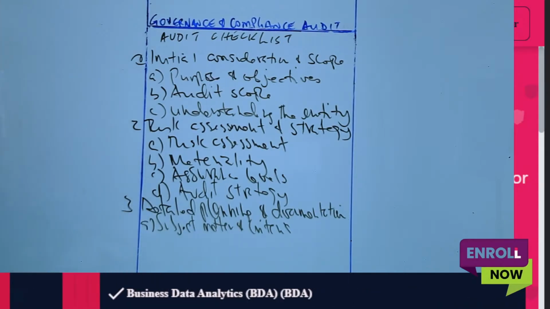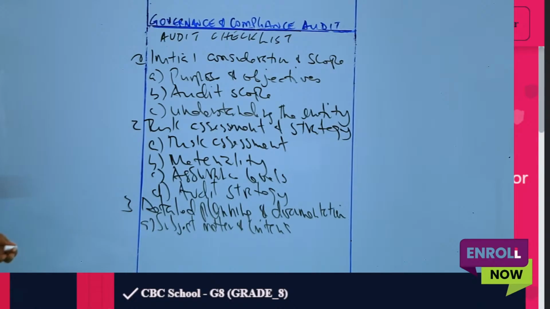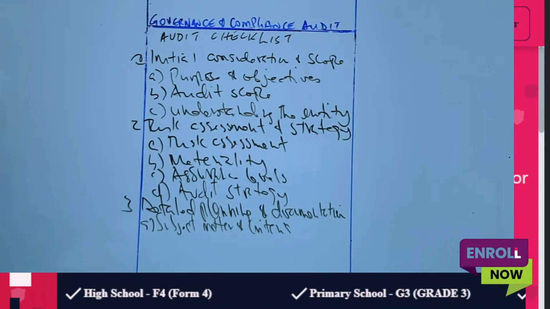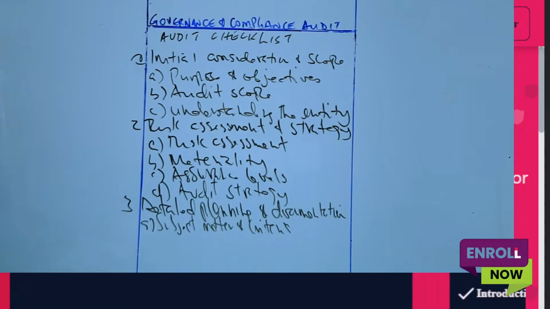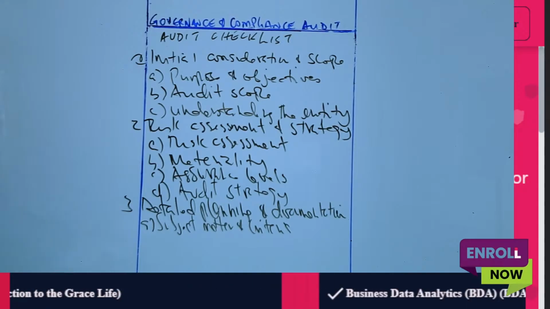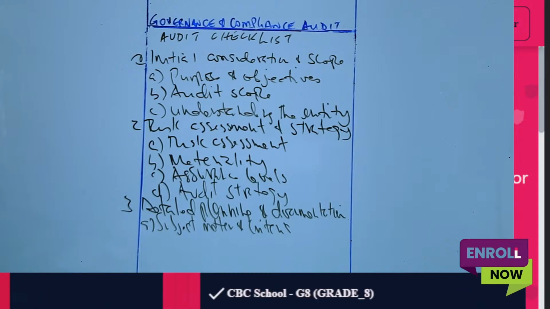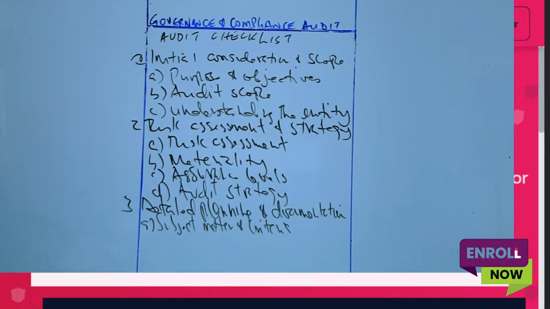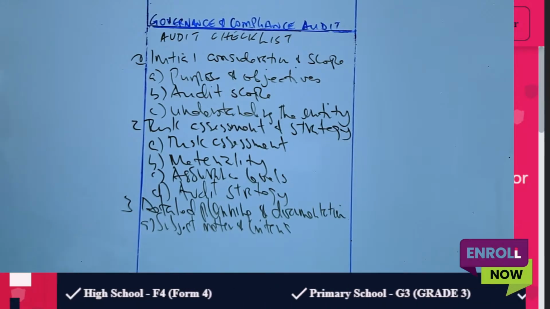The question to answer, or what to check, is if there has been specific subject matter. What is being audited? That is the subject matter. And the criteria, which is the benchmark, have these two been clearly defined?